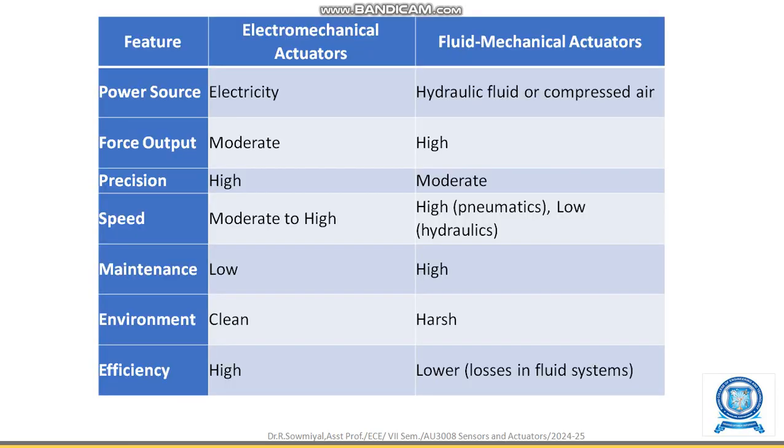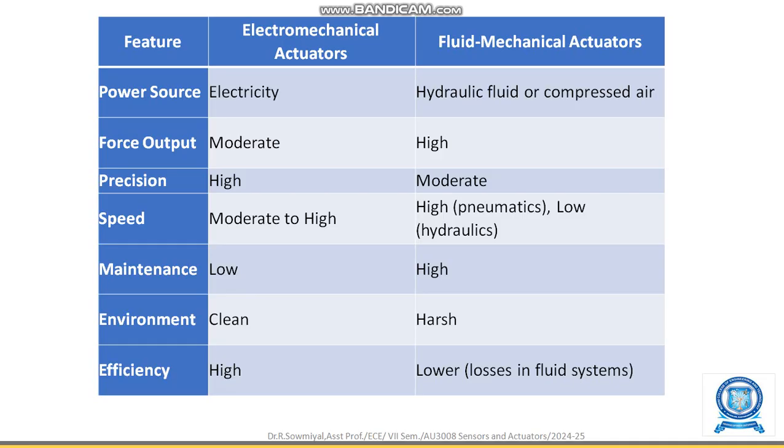Now let us see the difference between electromechanical actuators and fluid mechanical actuators. When we consider the power source, an electromechanical actuator uses electricity, and fluid mechanical actuators use hydraulic fluid or compressed air. Force output in electromechanical actuators is moderate, and in fluid mechanical actuators is high.